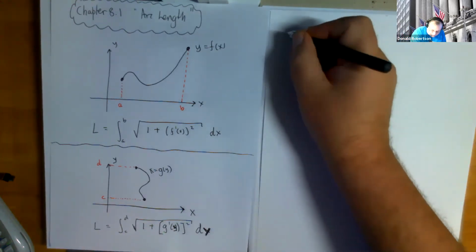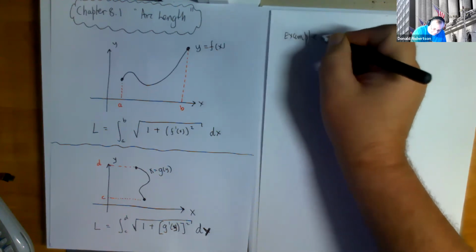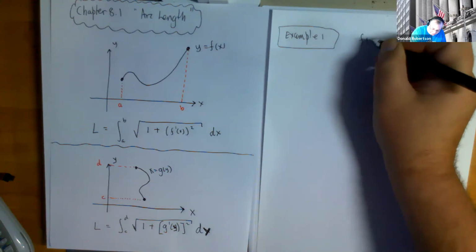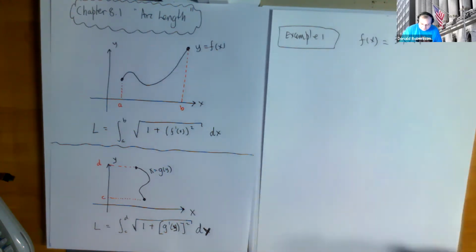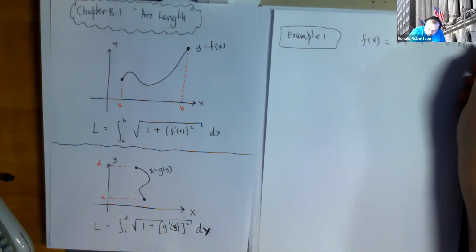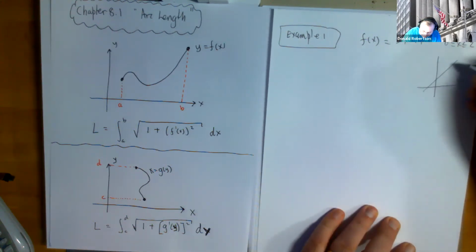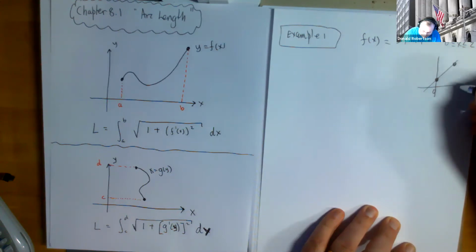So here's my first example. Let's suppose we have a function f of x, and it's equal to the straight line 3x plus 1. And I want to know the arc length from x equals 0 to 2. You can imagine what that would be. It would be a straight line starting at 0 and finishing up here at 2.